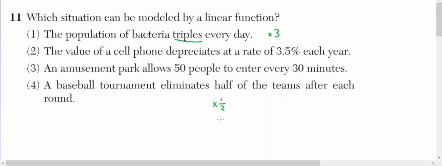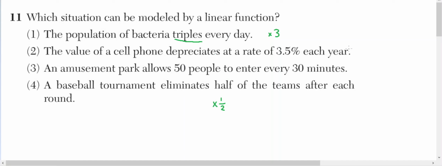And so what we're looking for really is, if these two have a multiplier in common, then which one of these remaining situations is more like that? The value of a cell phone depreciating at a rate of 3.5% each year, or an amusement park allowing 50 people to enter every 30 minutes.